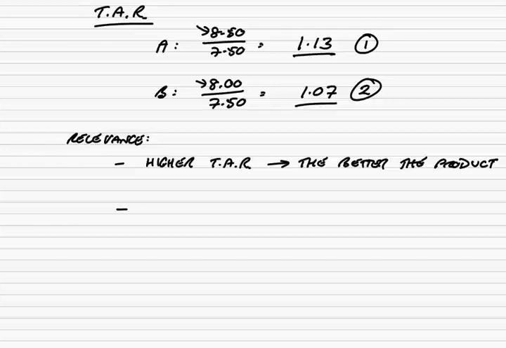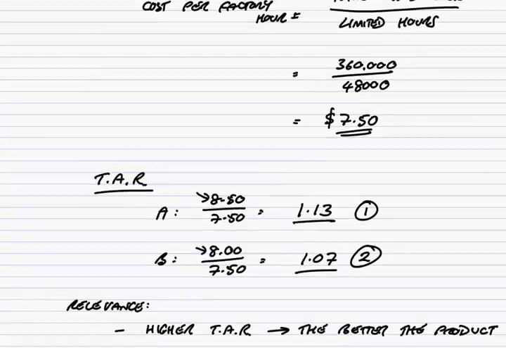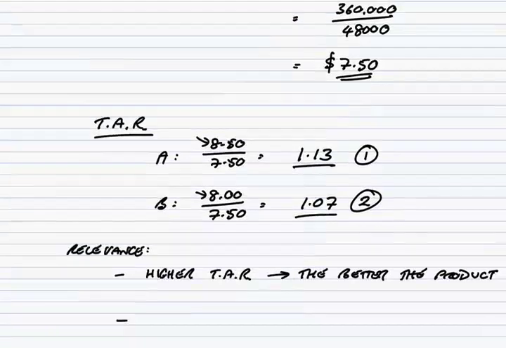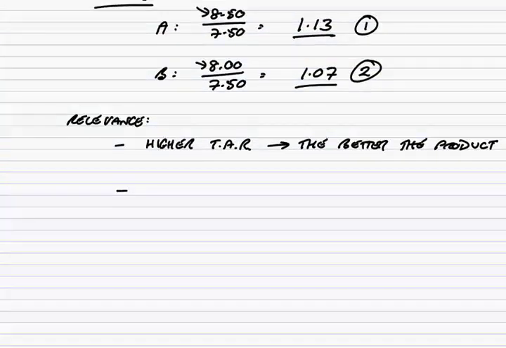Our production, every hour worked is costing us $7.50 in fixed costs. Surely ideally you'd want all the products you made to be generating more than $7.50. And as a result, you'd want the throughput accounting ratio to be more than 1.